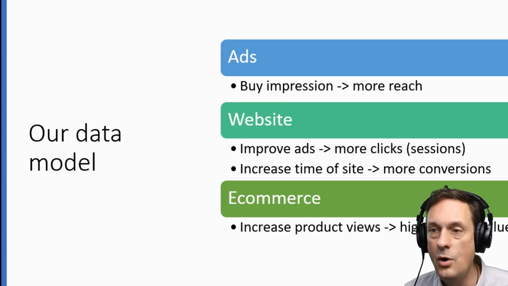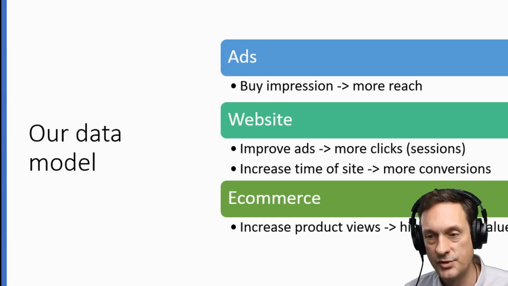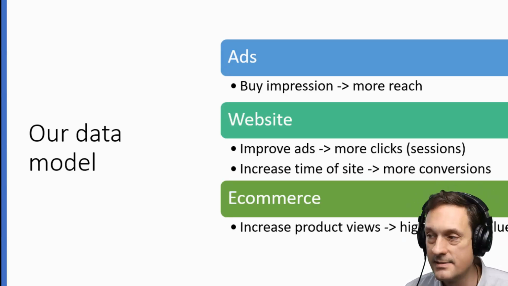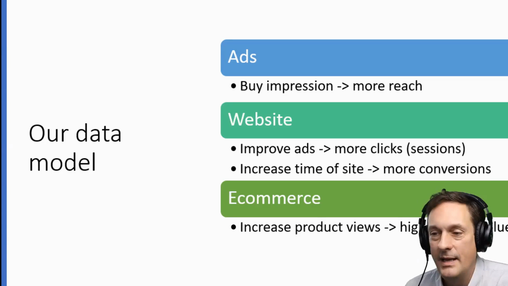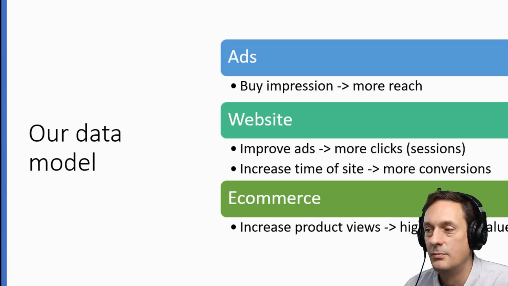So instead, I think you should have some sort of model and go, right, I look at impressions to try to get more reach. I look at the ads to try to get more clicks. I review how much time people have spent on the site, so hopefully I can get them to convert more. And maybe I have an e-commerce site and I look at product reviews.